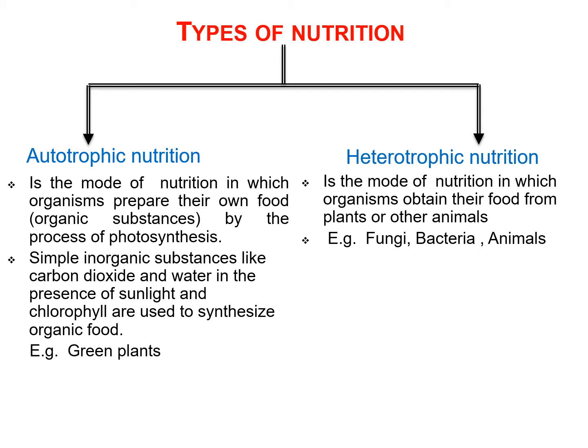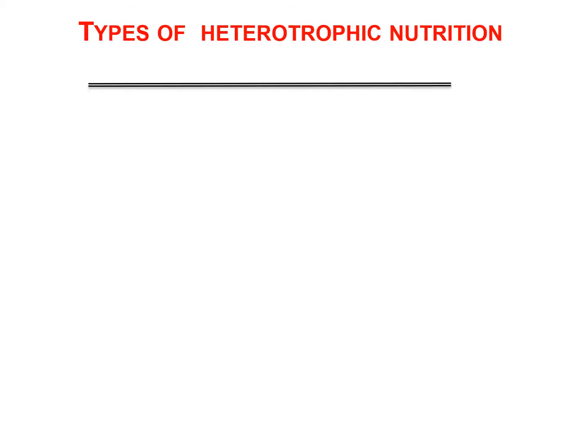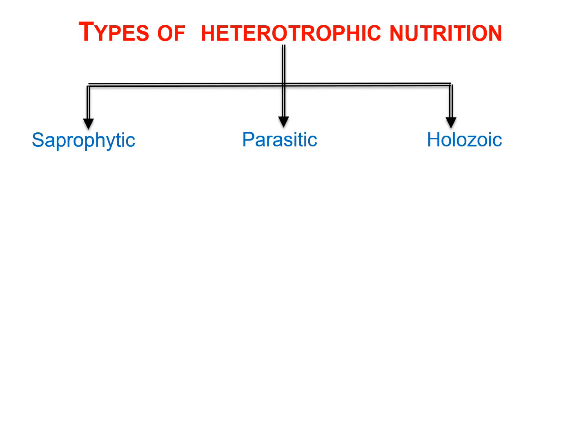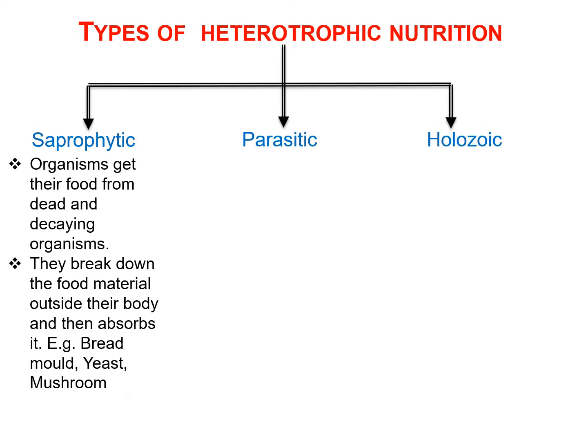Heterotrophic nutrition is the mode of nutrition in which organisms obtain their food from other plants or animals. Fungi, bacteria, and animals are the heterotrophs. Types of heterotrophic nutrition. We have saprophytic, parasitic, and holozoic.